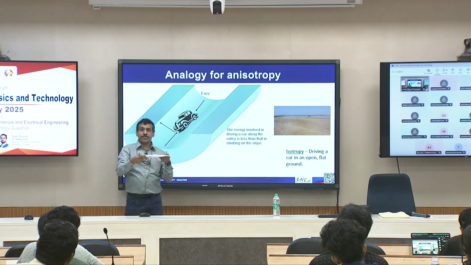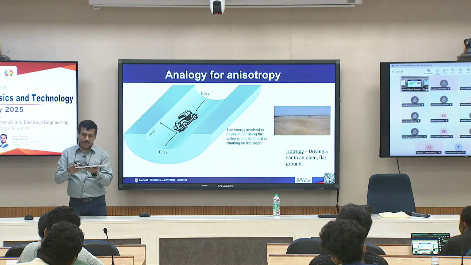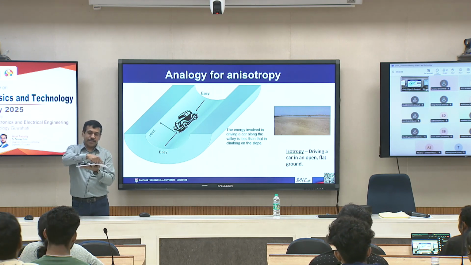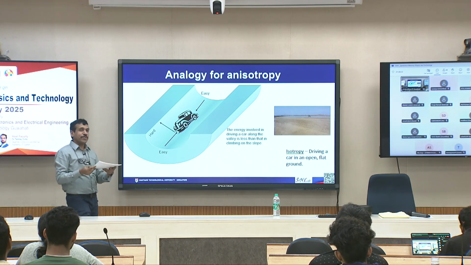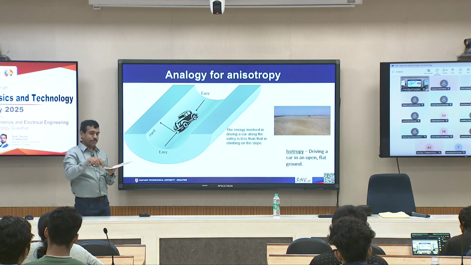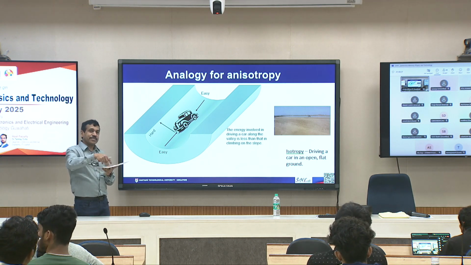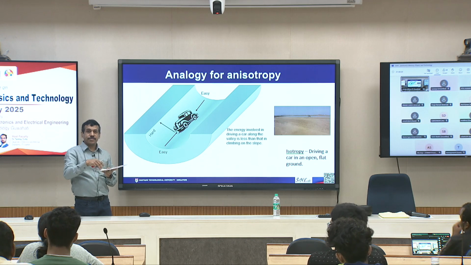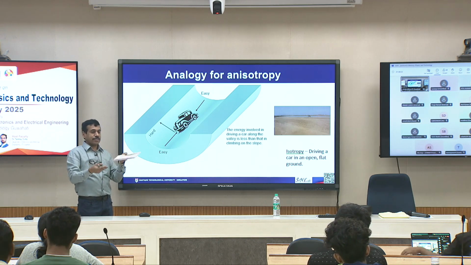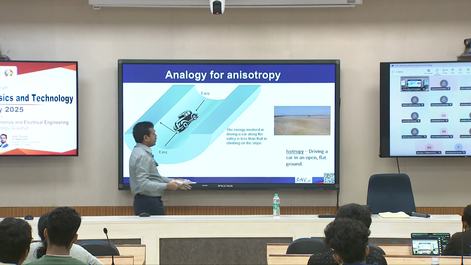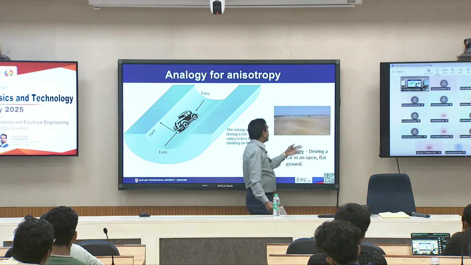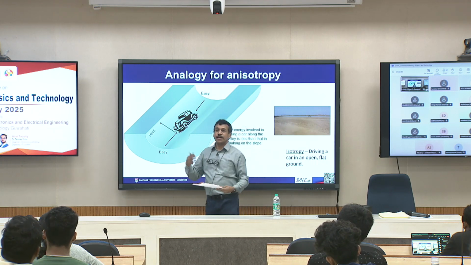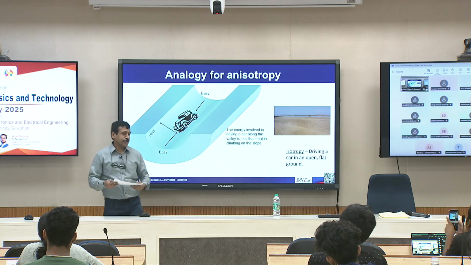Okay, this is a flat area, flat terrain. So, whether you go from here to here or here to here, you will press the accelerator almost the same amount, let us say 2000 rpm, then you can reach the same distance in different directions when the plane is like this, okay, and the terrain is like this. Okay. So, if you have an open flat ground, driving a car in any direction will be almost identical, you will find no difference. Okay.